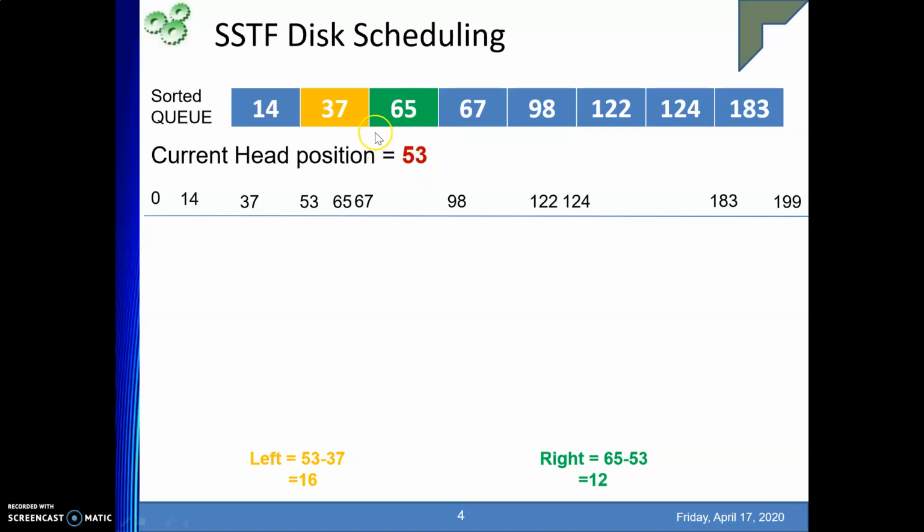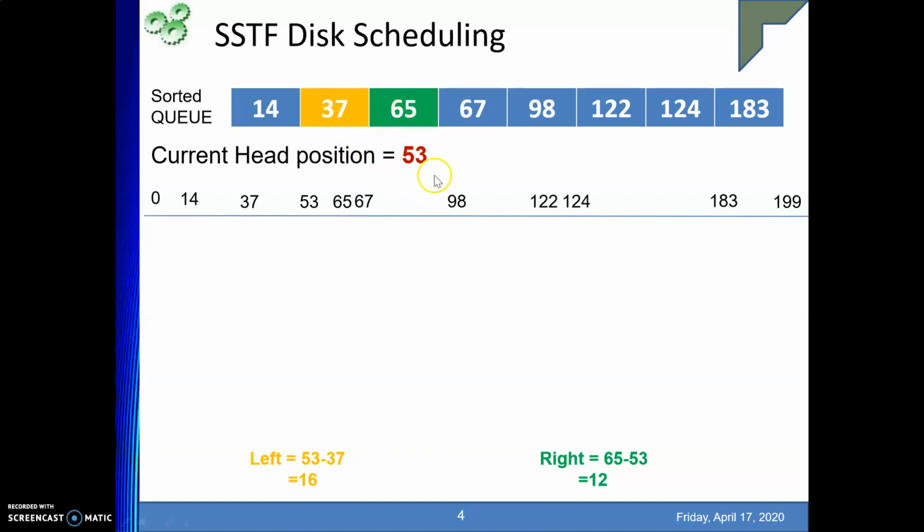So for 53, the left neighbor will be 37 and the right neighbor will be 65. It is easier to find its left and right neighbor if we have sorted the queue. Due to that only, the sorting step is done.